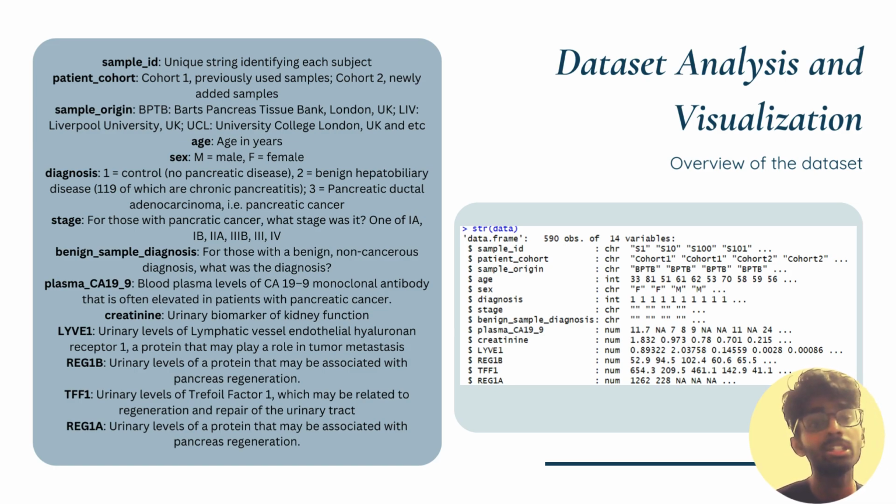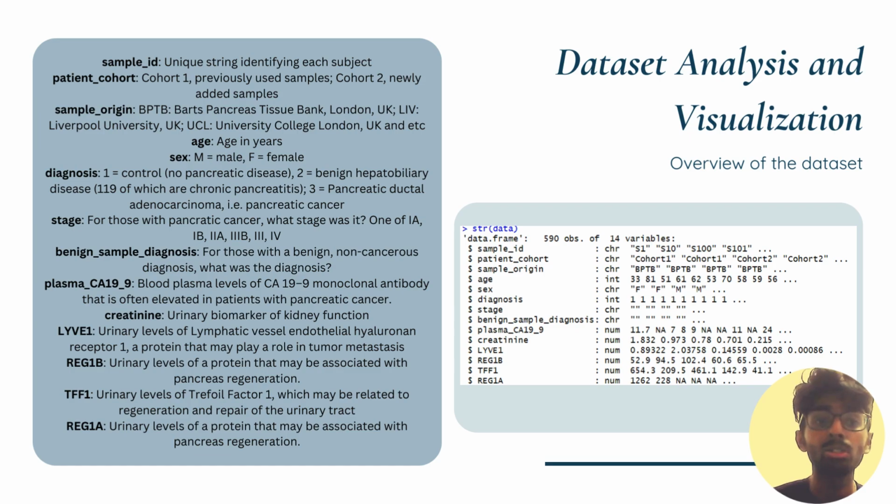Creatinine acts as a urinary biomarker of kidney function. And next, we have the LYVE1. This represents the urinary levels of lymphatic vessel endothelial hyaluronan receptor 1, a protein that may play a role in tumor metastasis. This is very important to detect whether a patient has pancreatic cancer or not. Next, we have the REG1B.